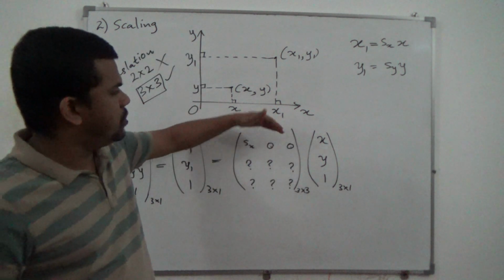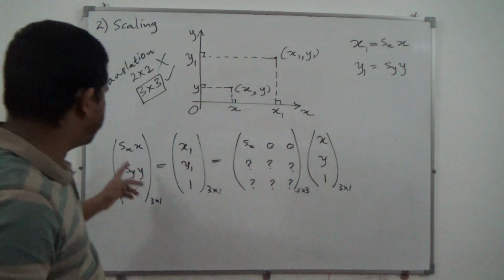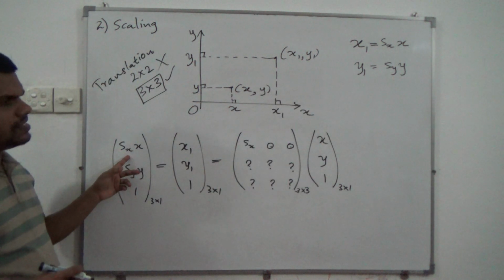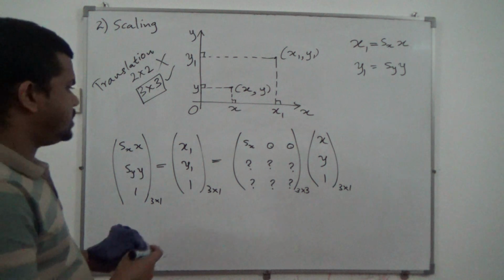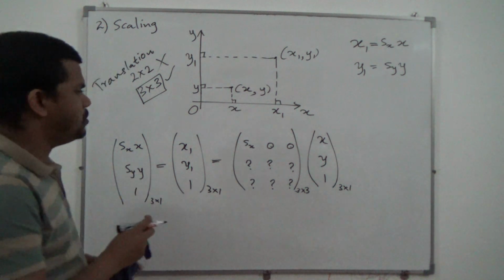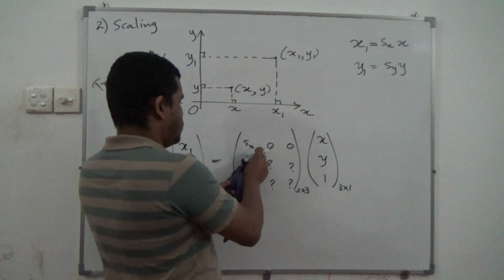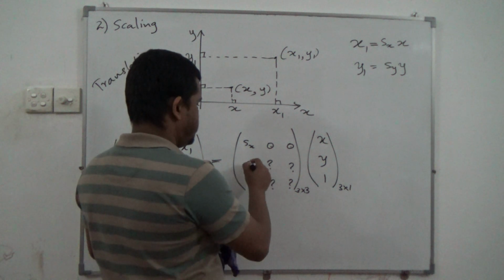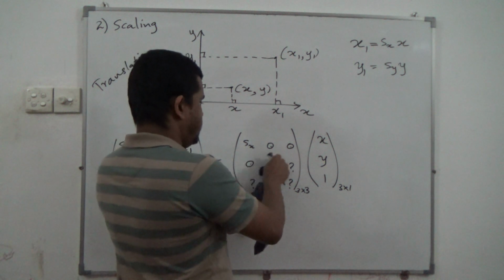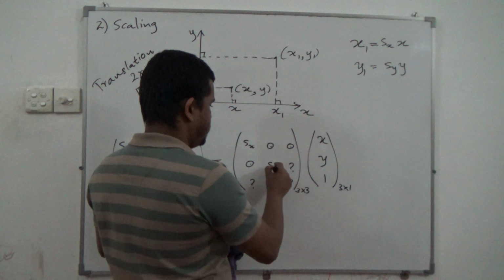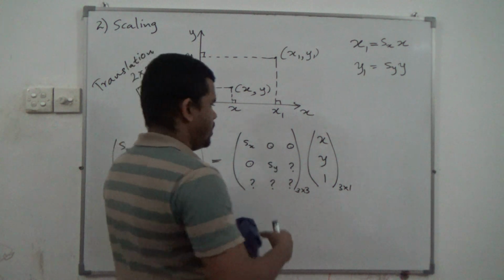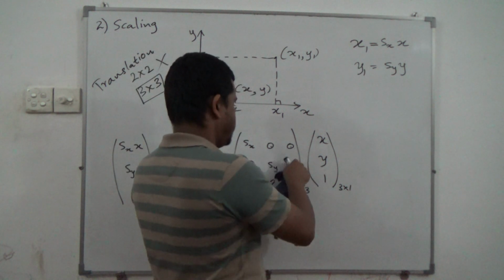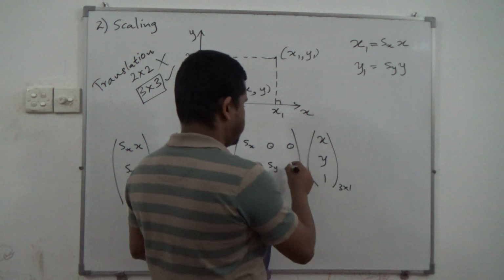Now, this row by this column, you get this value, Sx into x. Now, Sy into y. There are no x terms, therefore here it should be Sy, and now here it should be 0.